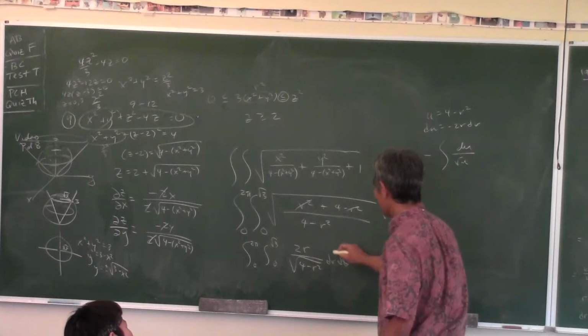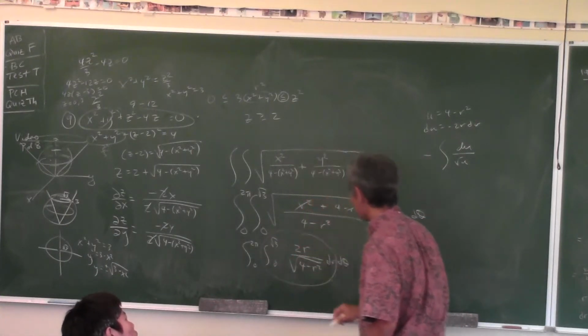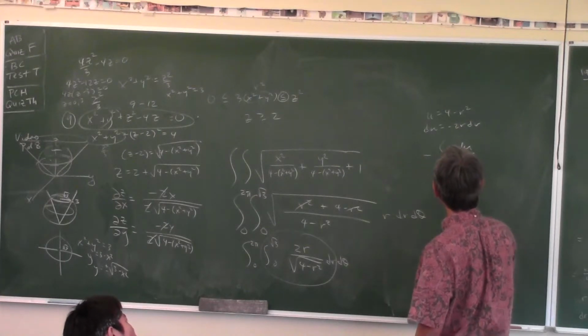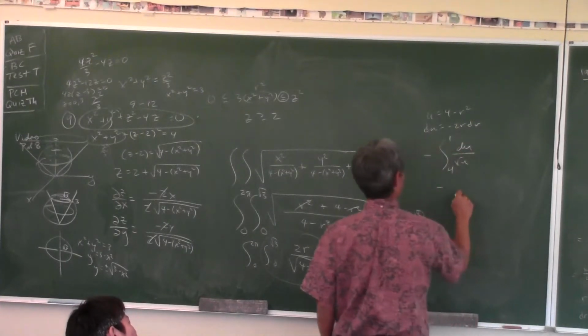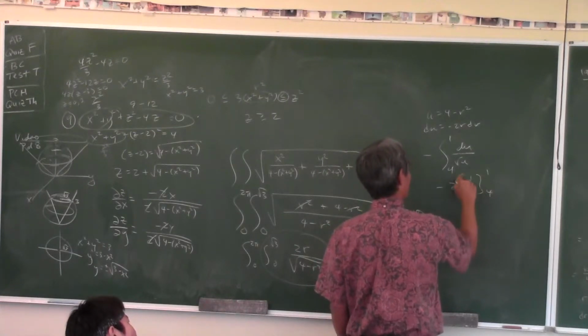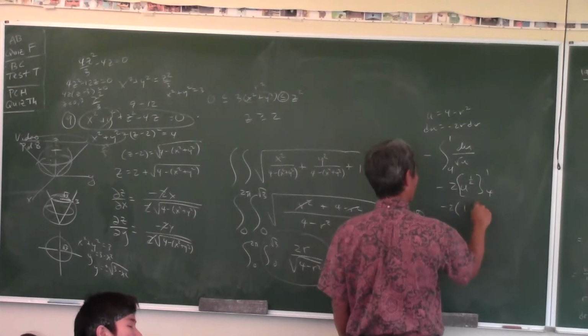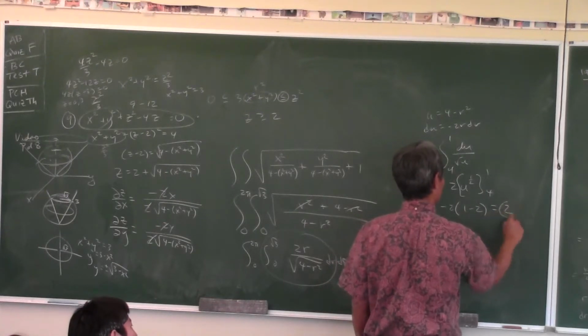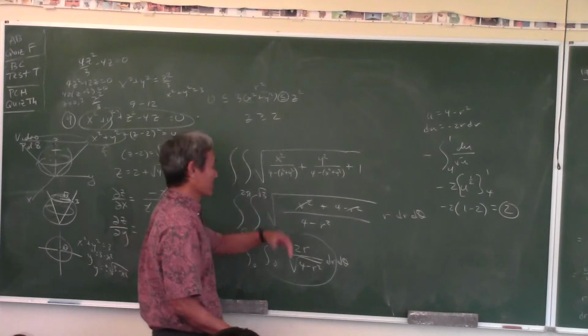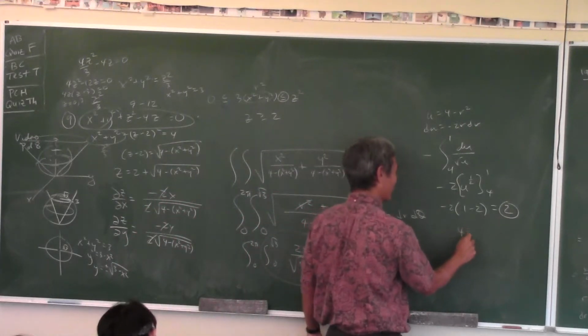We're doing down first: 4, 1. If I plug in 0, you get 4, and if you plug in root 3, you get 1. So this is negative 2 u to the half from 4 to 1. Factor out the negative 2, 1 minus 2, and then we get 2. And then if you integrate that from 0 to 2 pi, you just multiply by 2 pi, so the answer is 4 pi.